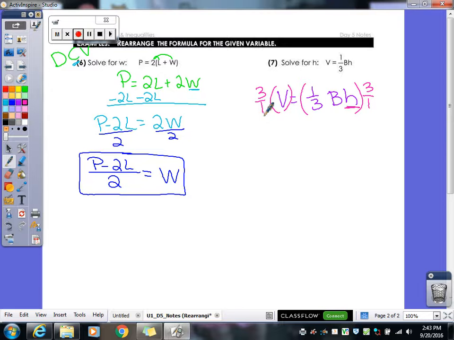So we multiply both sides times 3 over 1, which is just a 3, so I get 3B. The 1/3 and the 3 over 1 cancel, so I have big B times h. Those two are being multiplied together, so I have to divide in order to get h on its own. My final answer is 3V over big B.